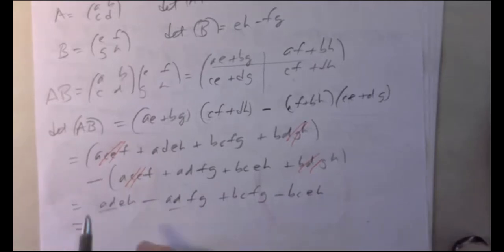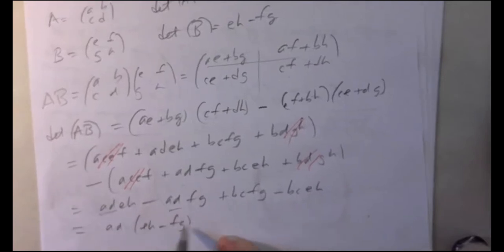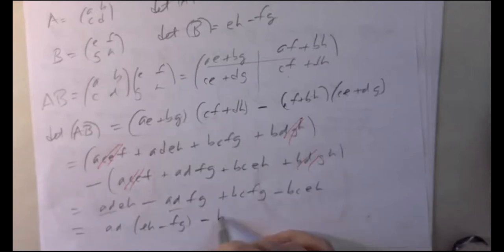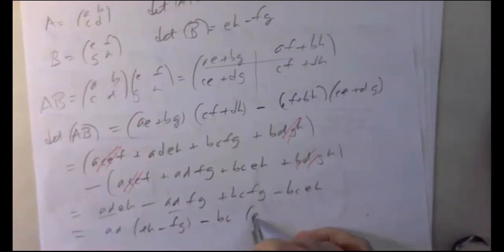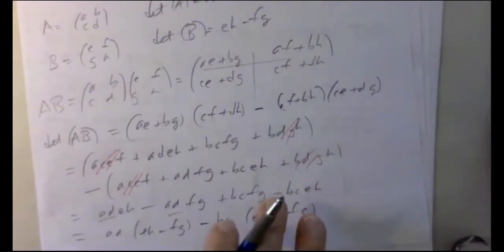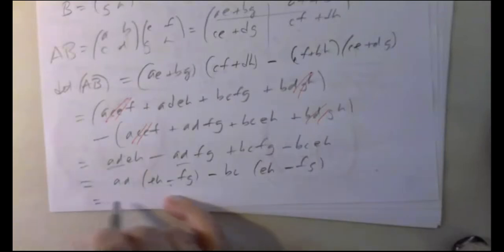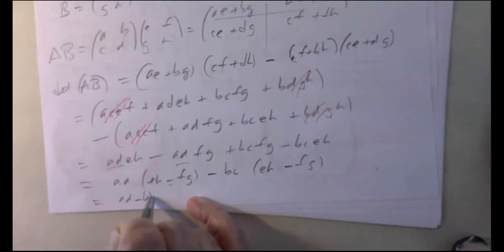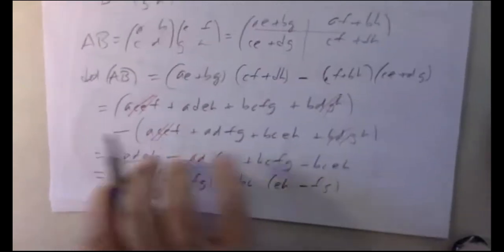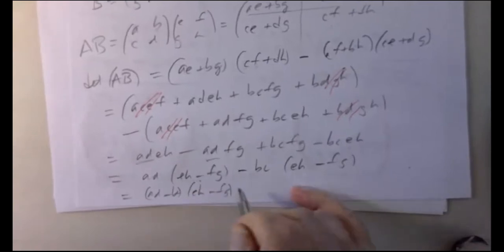If I factor an AD out of these first two terms, I get EH minus FG. If I factor a minus BC from these terms, I get EH minus FG, because minus times minus is plus. And if I factor out EH minus FG, I get AD minus BC times EH minus FG.